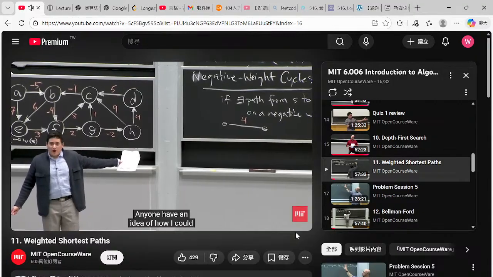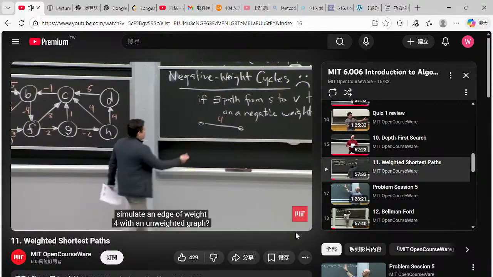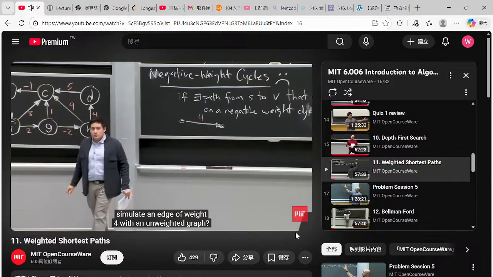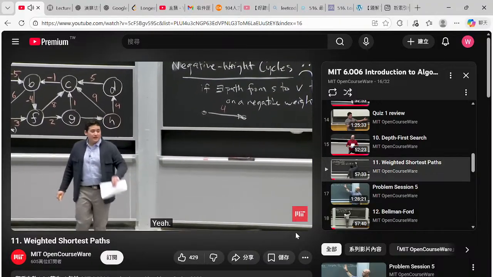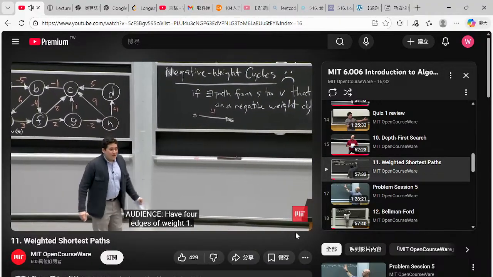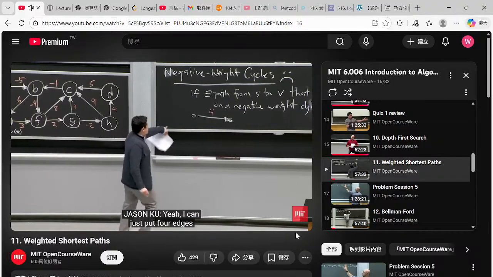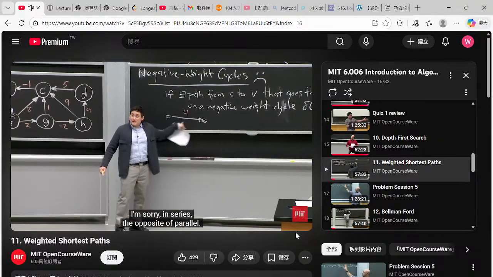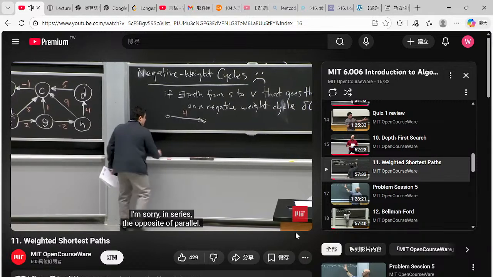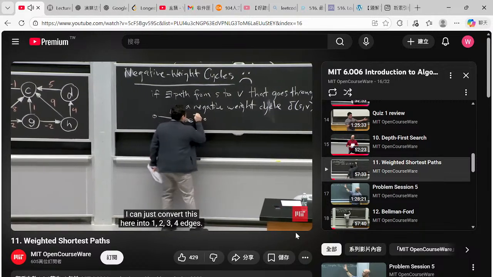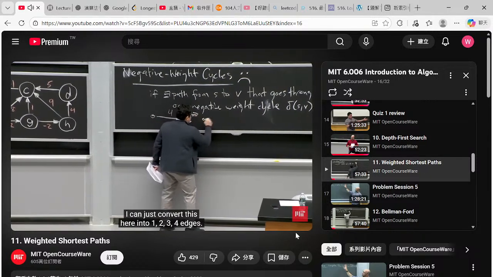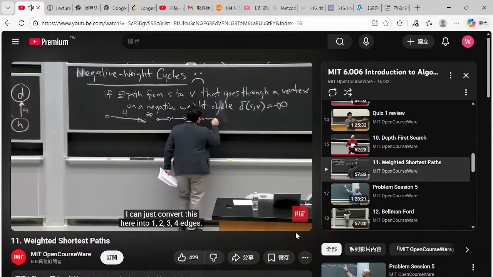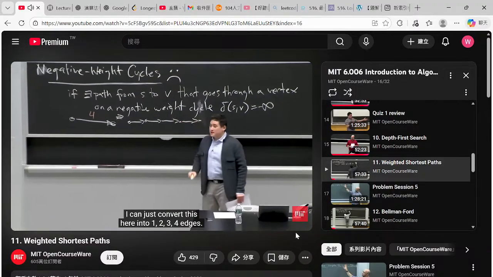Anyone have an idea of how I could simulate an edge of weight 4 with an unweighted graph? Have 4 edges of weight 1. Yeah, I can just put 4 edges of weight 1 in series, okay. The opposite of parallel. Okay, I can just convert this here into 1, 2, 3, 4 edges.